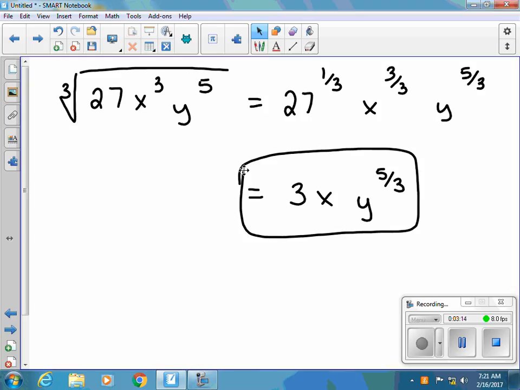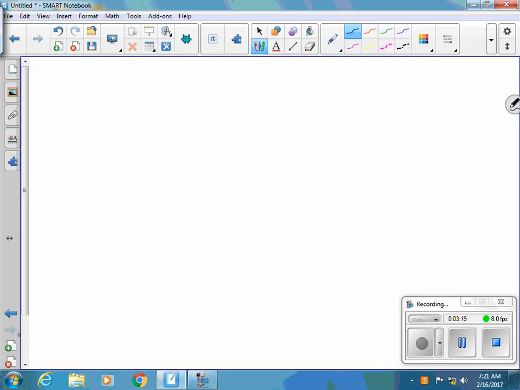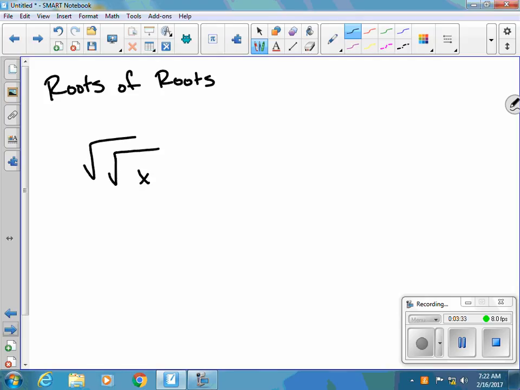The other thing that we need to talk about are roots of roots. So for instance, if I were to have like the square root of the square root of x, this is really x to the power of a half to the power of a half.